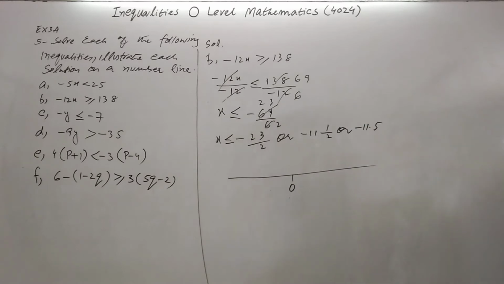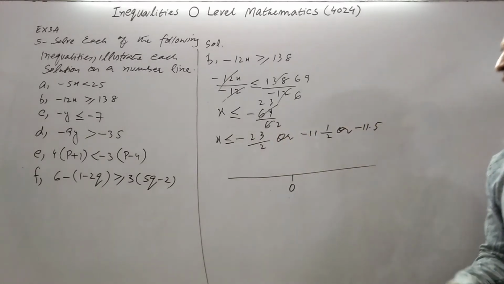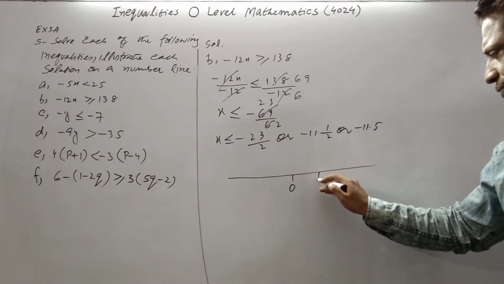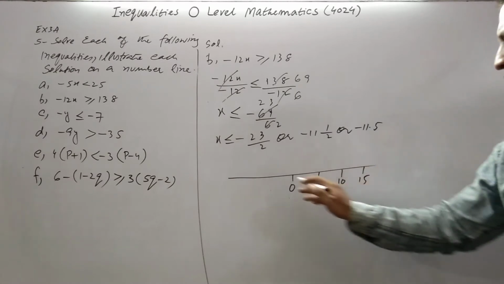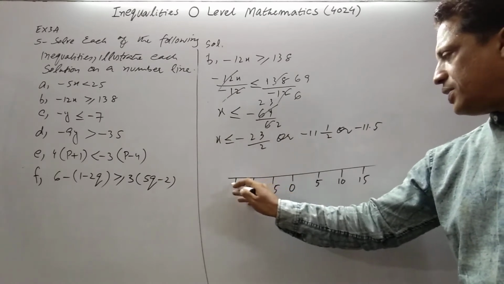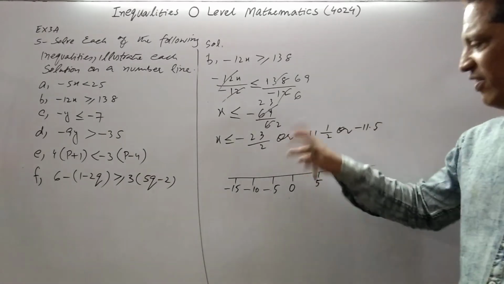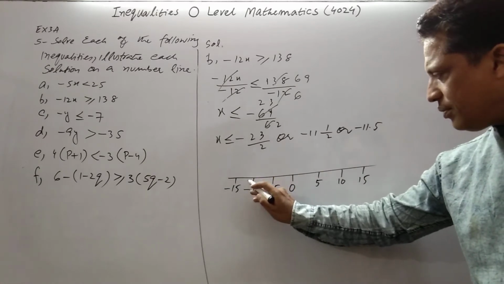Because this is a big number as compared to 2 and 3, this is 11.5. So we need 5, 10, 15, minus 5, minus 10, minus 15. Our answer minus 11.5 lies just after minus 10.